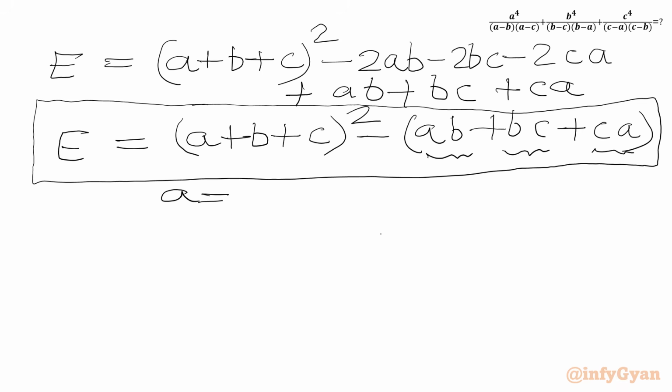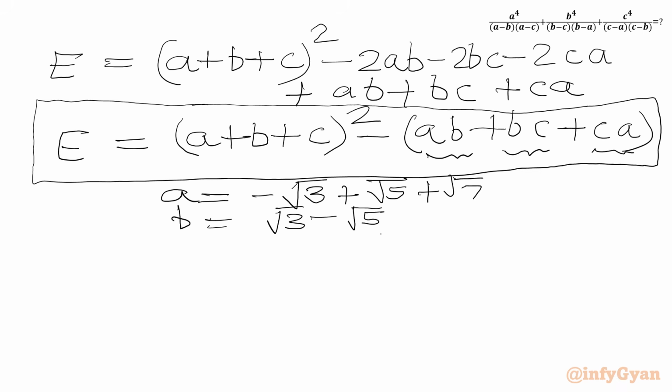A is given to us: minus square root 3 plus square root 5 plus square root 7. B is known to us: square root 3 minus square root 5 plus square root 7.